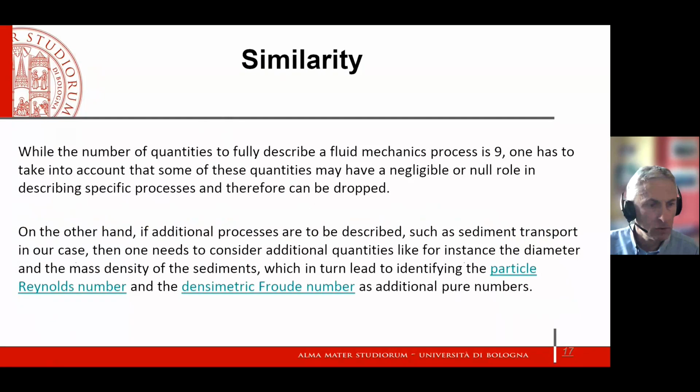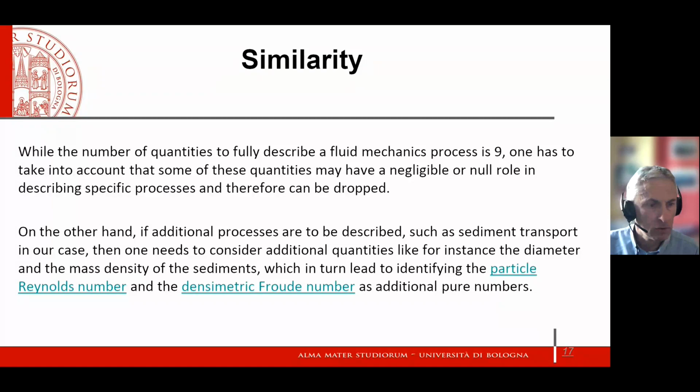I said before that in classical mechanics, I need 3 fundamental quantities, and I need a lot of derived quantities to describe any process. But in any investigation that I make, and let's continue to refer to fluid mechanics, I can reduce the number of the quantities I am interested in if I am focused on a specific problem that doesn't need some of these quantities to be described.